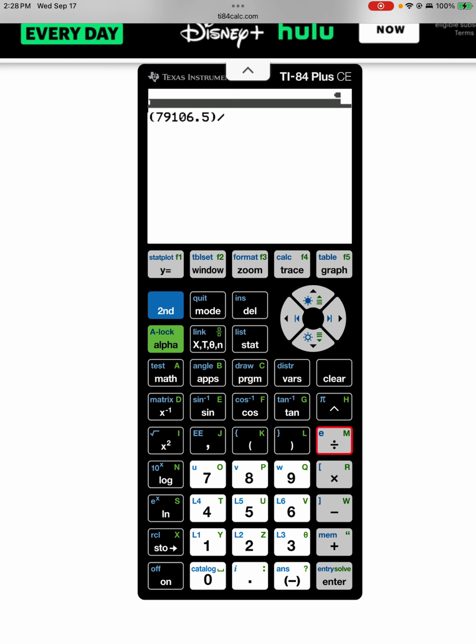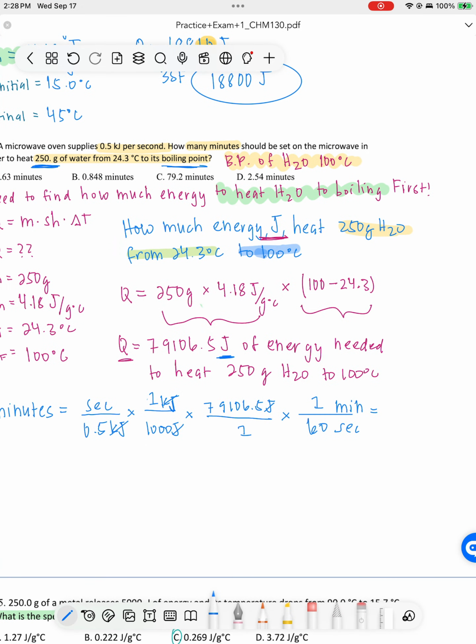And then we're going to do divided by, we have a whole laundry list of things we're dividing by: 1,000 times 0.5 times 60. And we get 2.6368. So 2.6368 what? Minutes.